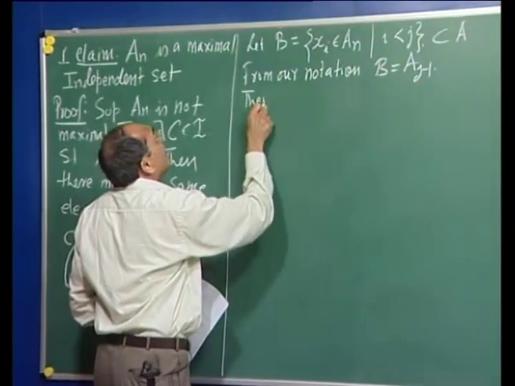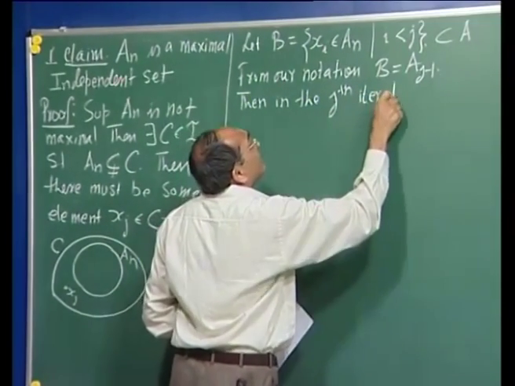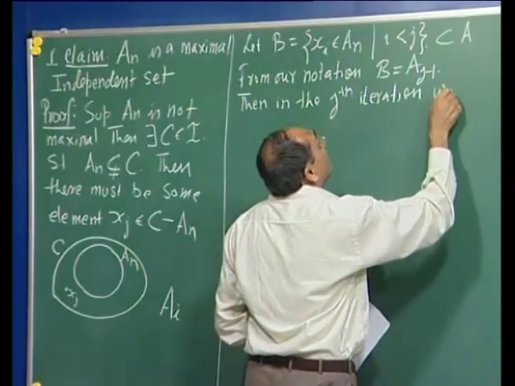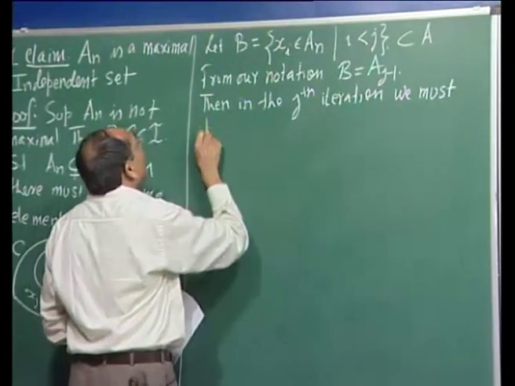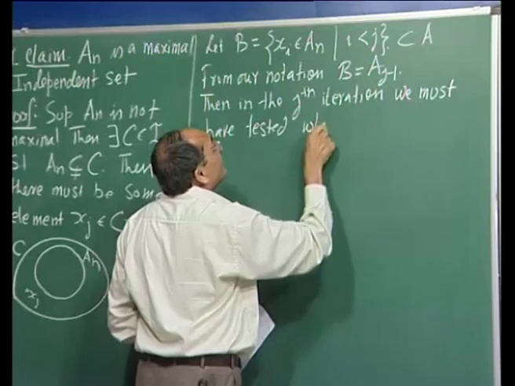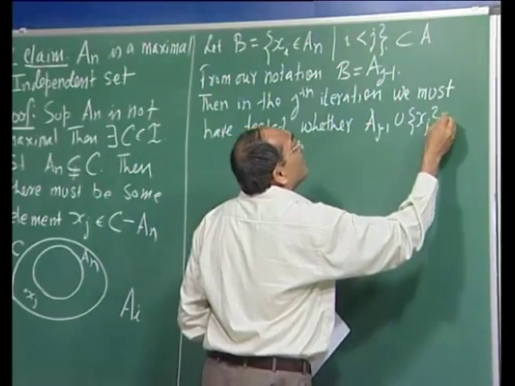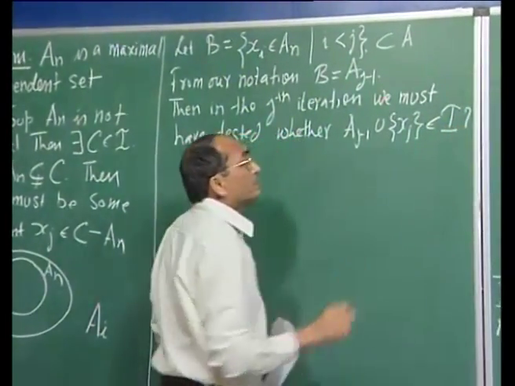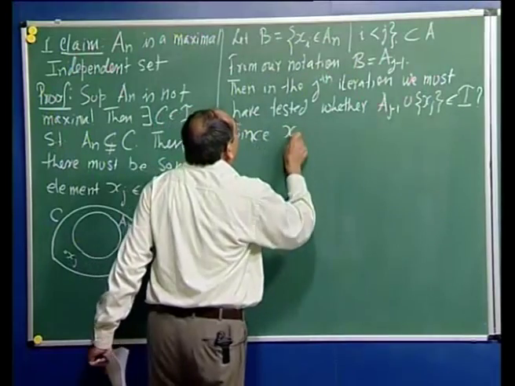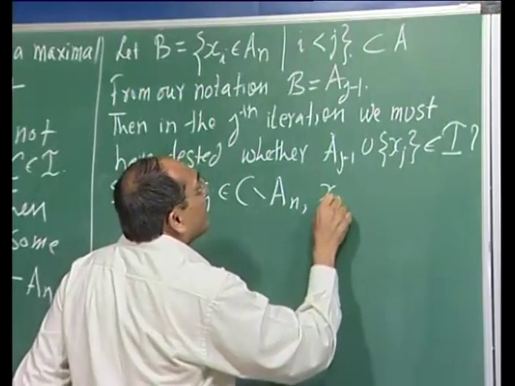Then in the jth iteration, we must have tested whether A_{j-1} union x_j belongs to I. Now, since x_j belongs to C minus A_n, x_j is not a member of A_n.